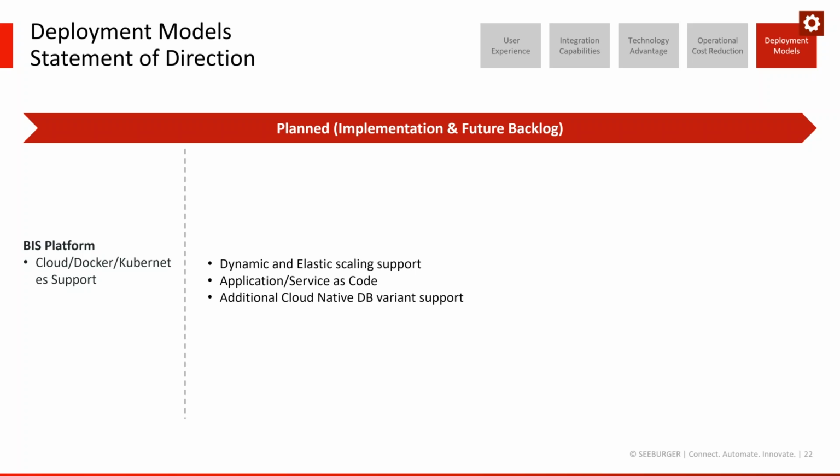Dynamic and elastic scaling support is still on our list of things to improve. Same goes for defining the application and the service as code for easier rollout across the infrastructure. And we're also always looking at supporting additional cloud native databases as system database.